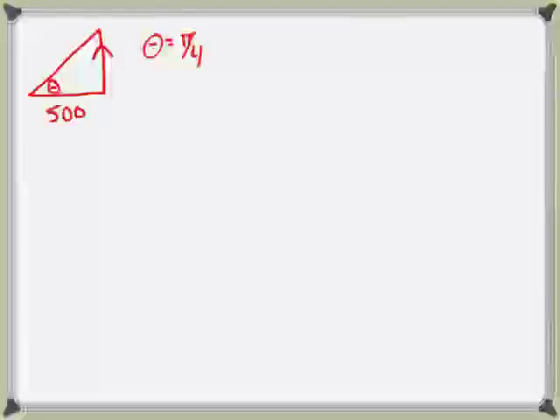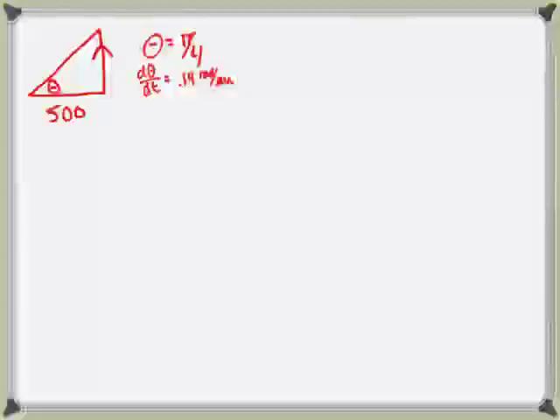And the angle is increasing at a rate, d theta dt, of 0.14 radians per minute. How fast is the balloon rising at the moment?